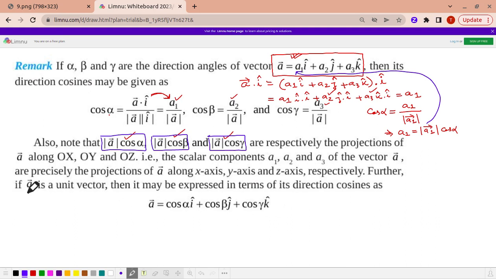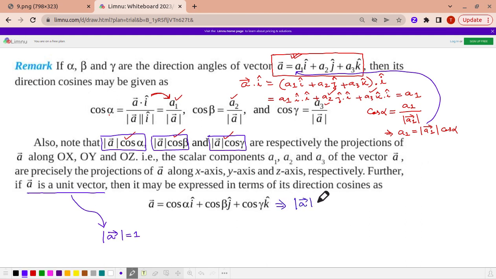Now here we mentioned that A is a unit vector. Unit vector means the magnitude of this vector will be 1. That means if A is a unit vector, mod A should be equal to 1, and that is quite evident. What is mod A?